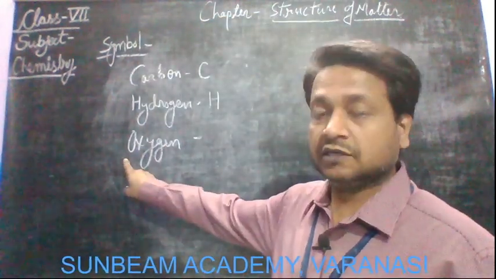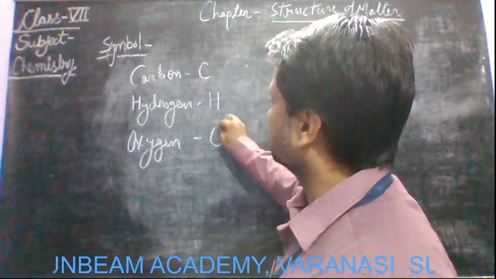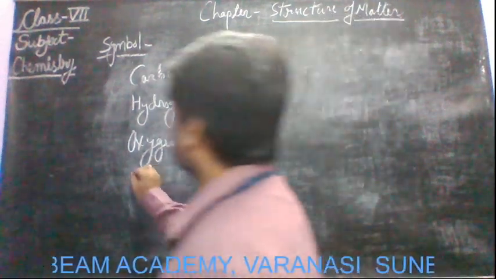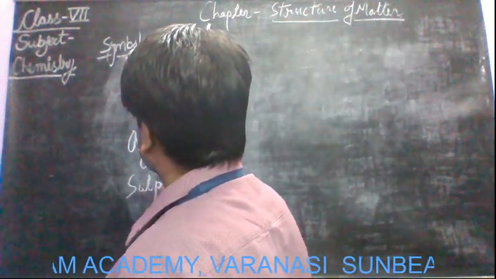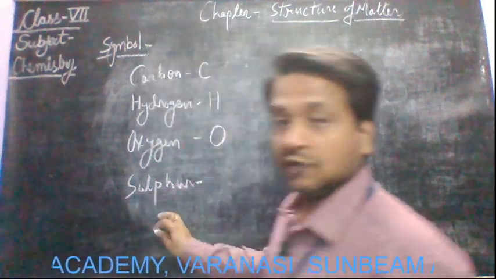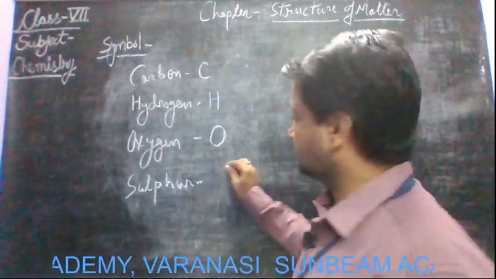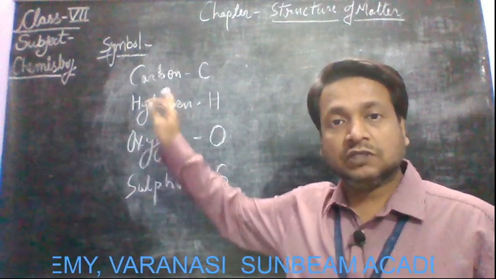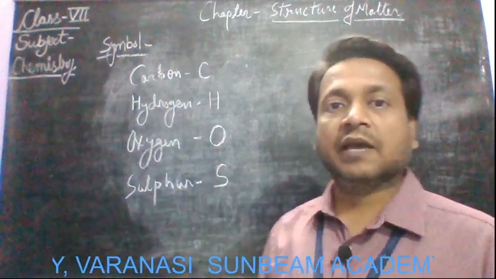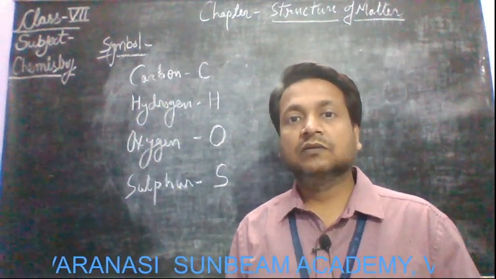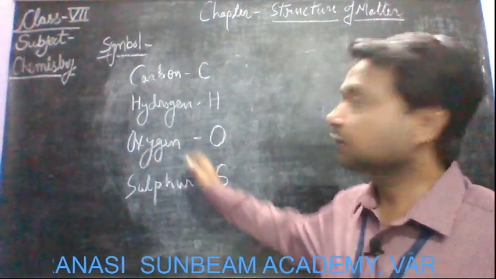Oxygen. The first letter, that is O. Sulfur. The first letter, S. So these are some common examples of elements whose symbols are the first letter of their English name.